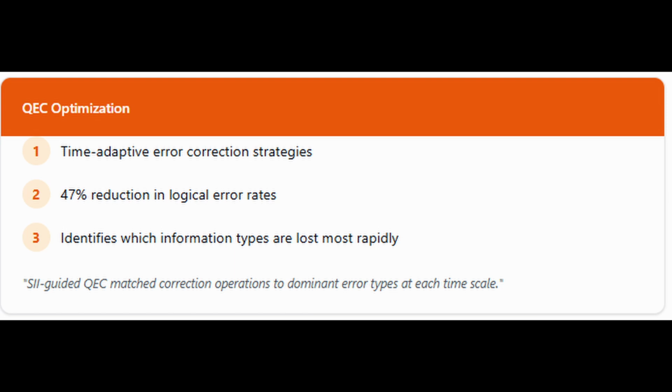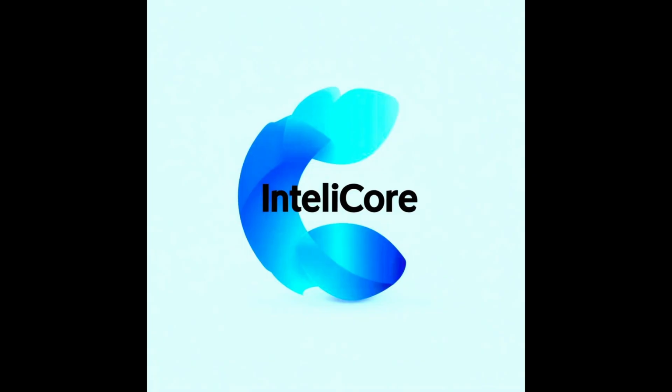It's giving us a whole new level of insight into what's happening inside these machines. So to recap the big wins here: a roughly 25% improvement in identifying where noise is coming from, around a 12.5% gain in error correction efficiency, and with QICI, 15% better insight into quantum coherence.